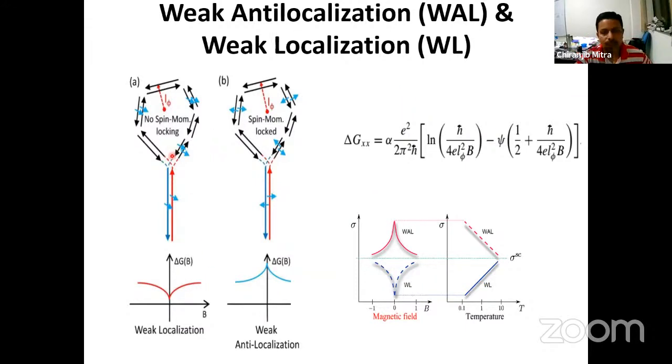Basically, we have the forward moving path and the backward moving path. Whenever there is constructive interference between the forward moving path and the backward moving path, we have weak localization.